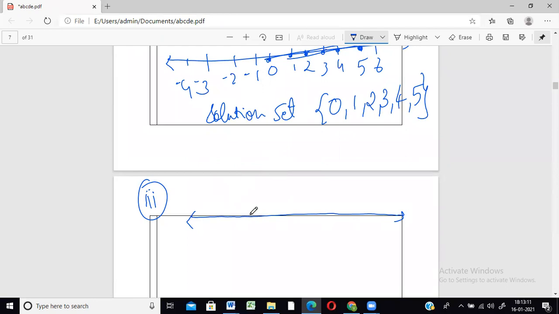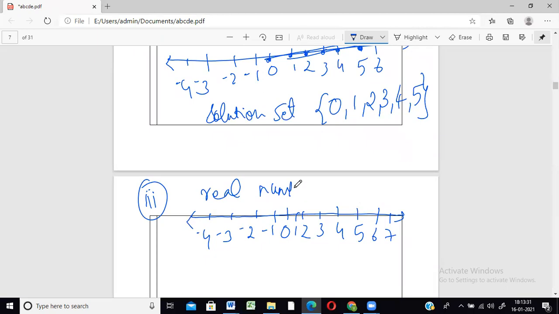for example, if you have something like this, this is your 0, 1, 2, 3, 4, 5, 6, 7, and these are like minus 2, 3, 4. Now they're telling you x is less than 6 and it is the set of all real numbers. As I said, reals are everything: positive, negative, zeros.